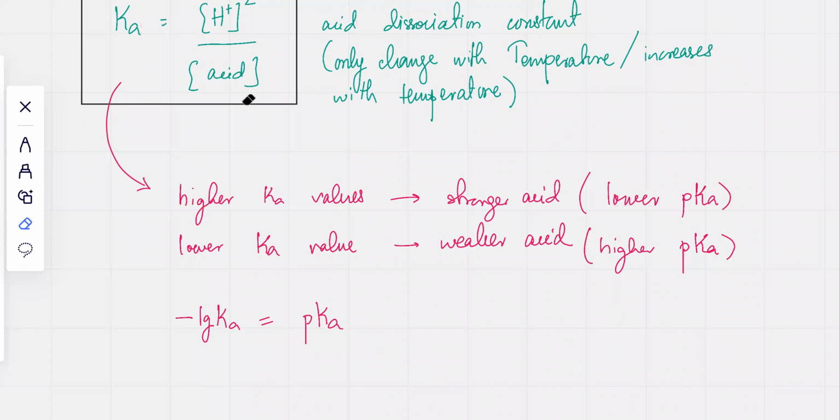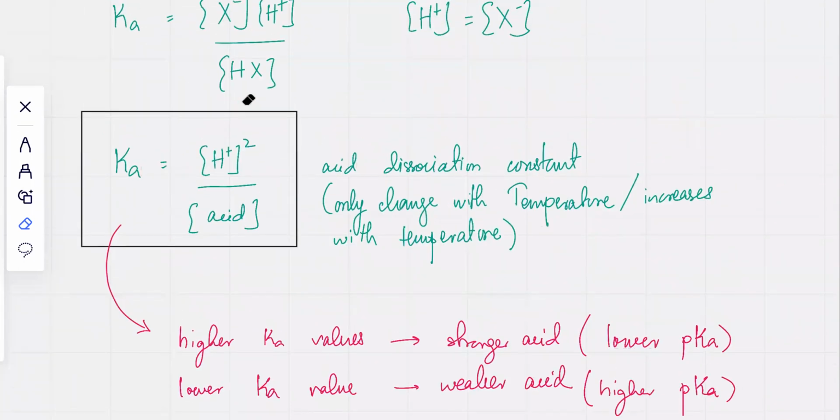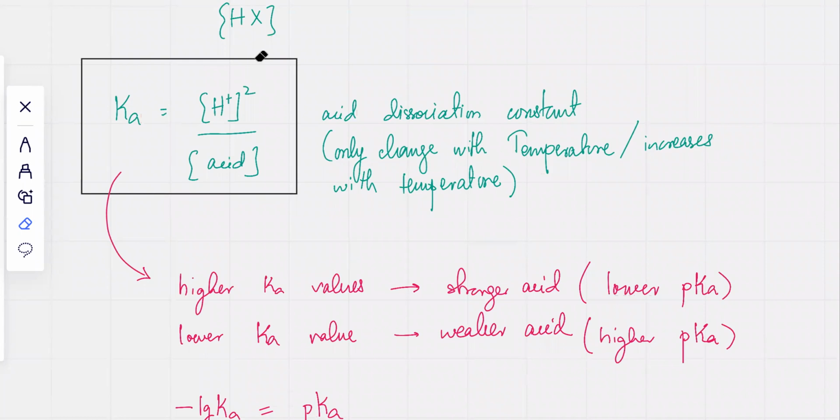The higher the Ka value, the more H+ ions there are going to be. The numerator is going to be bigger. More dissociation would happen. So a higher Ka value indicates a stronger acid, but if you take the negative log of that, you always get a smaller value. So when it comes to pK, you look for the lower value, which automatically means that the K value is high.